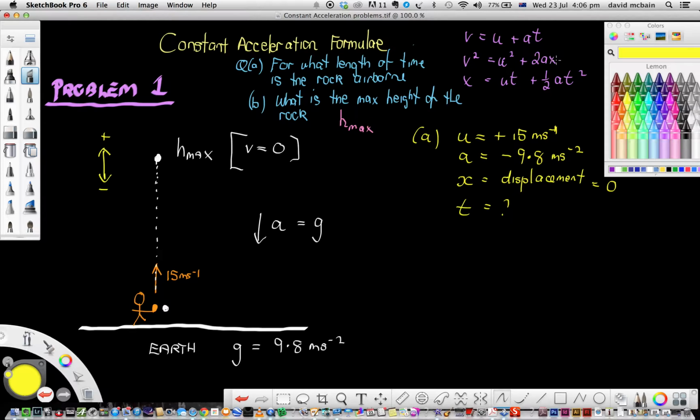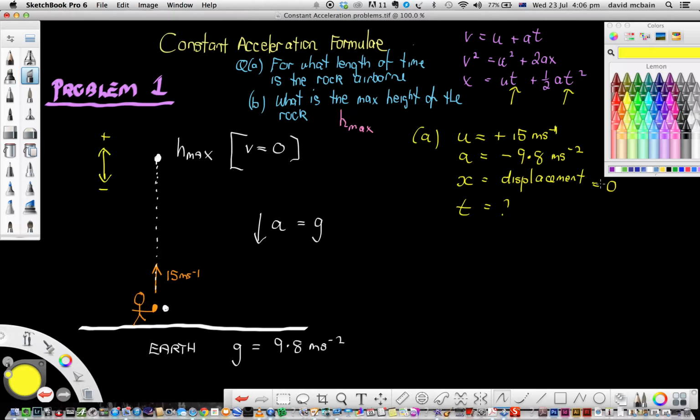Well, that's not good to us. That's really not necessarily helpful to us either, because it also has a v and it doesn't have a t in there. This third one has a u, has a, and it has t as the unknown, and x. The problem here, of course, is that we're trying to find t, and t occurs in two different places, which means to solve it we would have to use the quadratic formula.